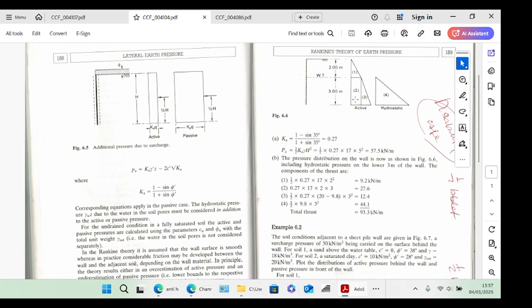Then section 2 is Ka times the surcharge from the sand above the water table.